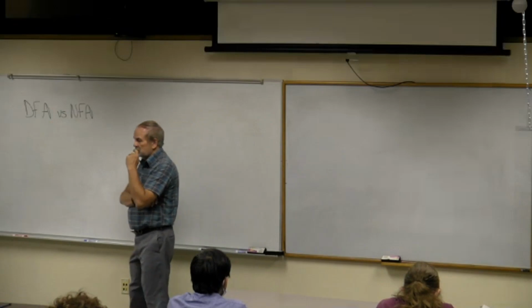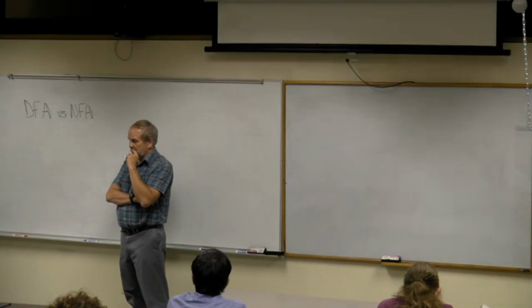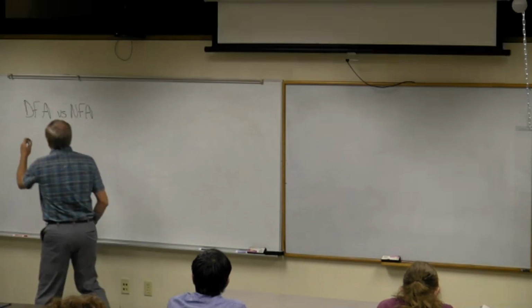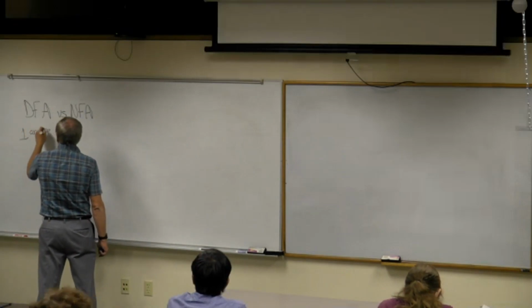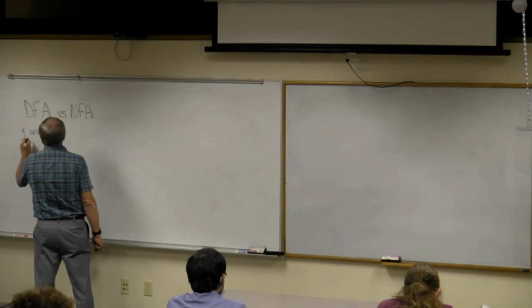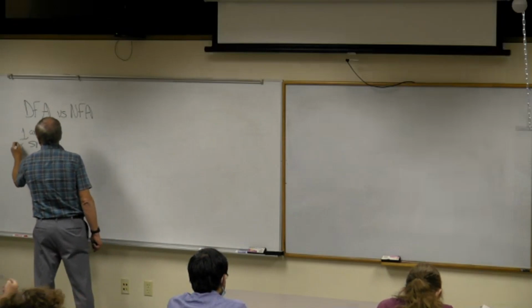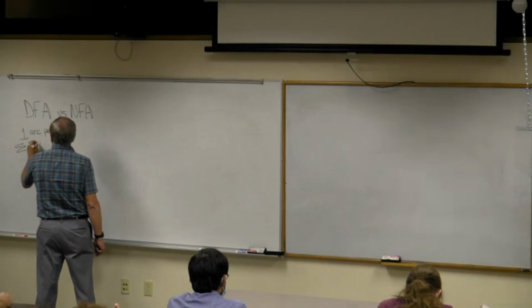DFAs only have one route per input. Yeah, one arc per alphabet symbol.